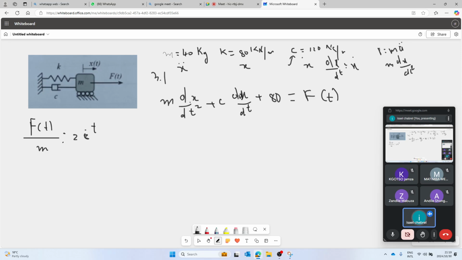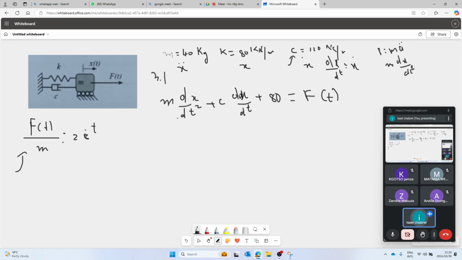How can you make him alone? It means you have to divide everything, because for you to write this equation, you have to make sure that this m here disappears. They know that at the end of your differential equation, you will get to this.